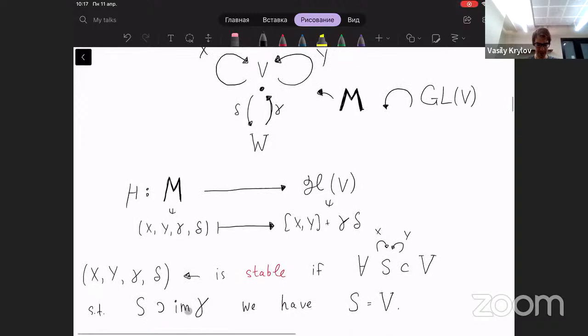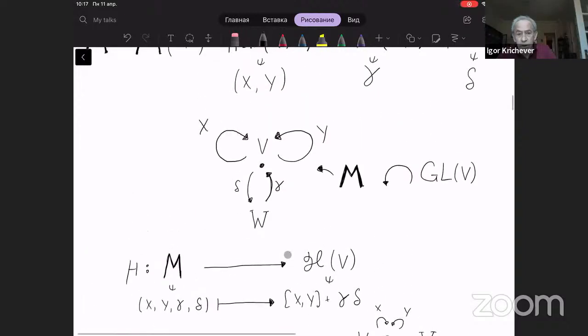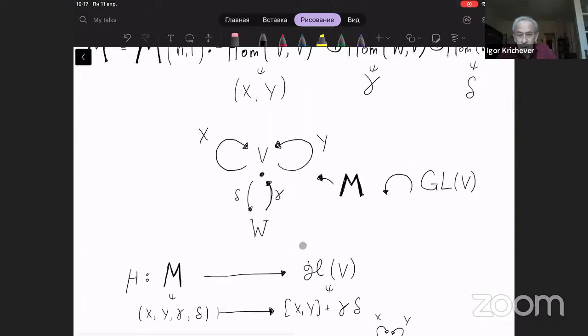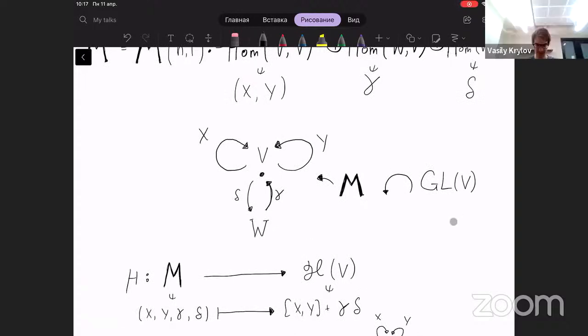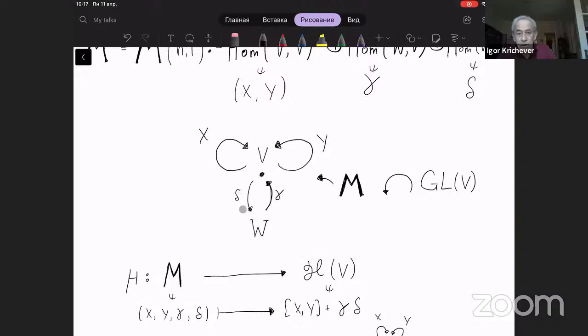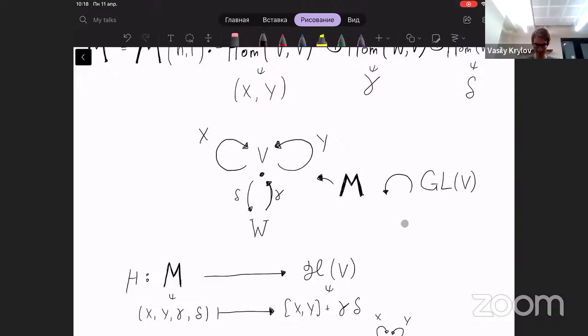And let me also give one definition. Excuse me, is it gamma delta or delta gamma? I think gamma delta, because you want an element of gl(V). Yes, you go from V to W, and then from W to V. Okay, yes, that should be fine.